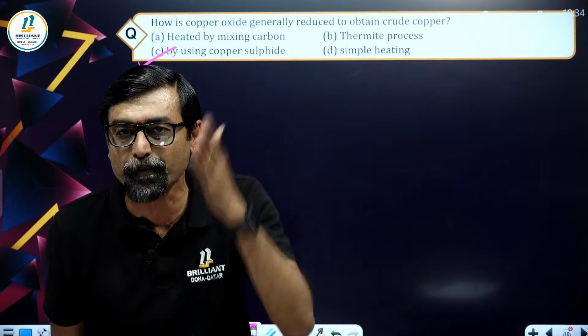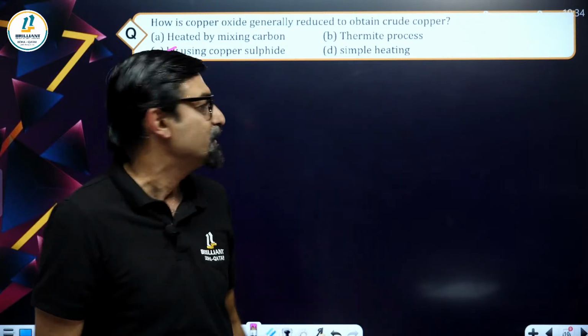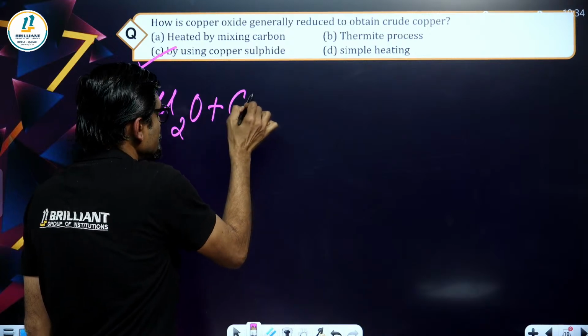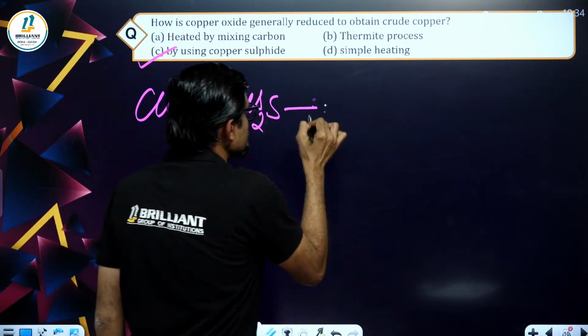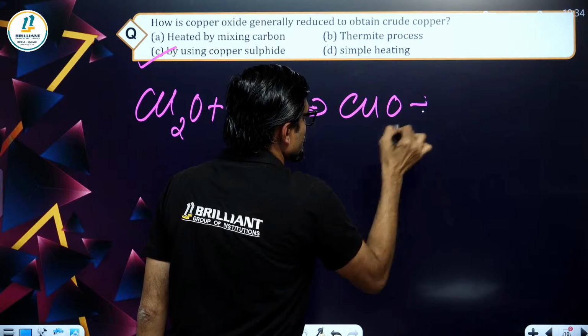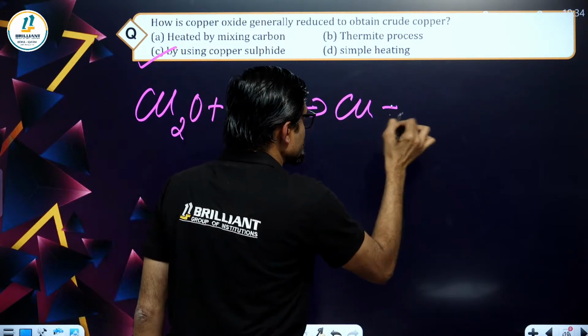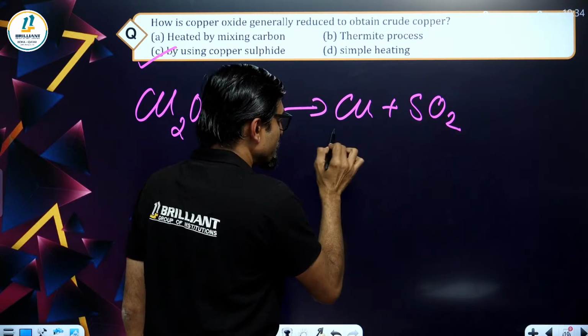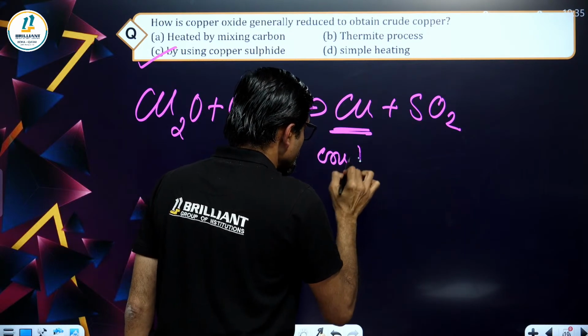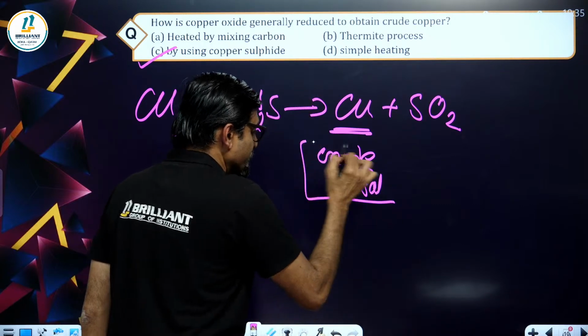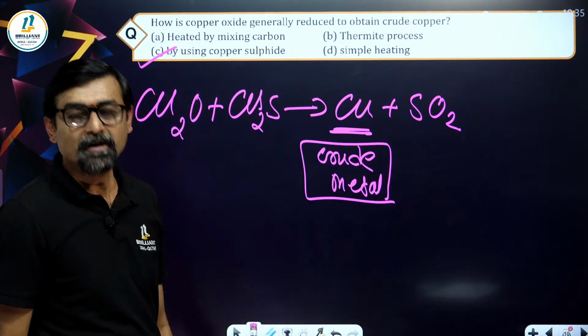The reaction of copper oxide with copper sulfide: Cu2O plus Cu2S gives rise to Cu plus SO2. This is the crude metal which we obtain from the oxide.